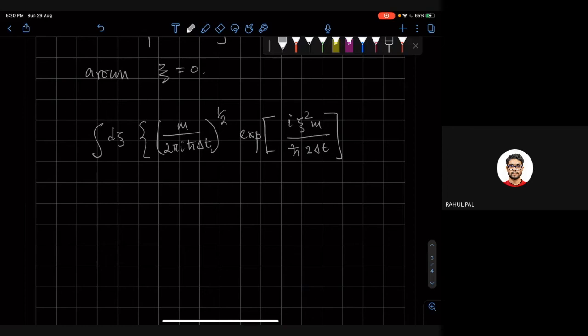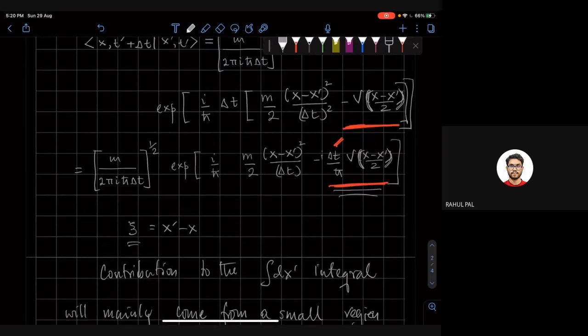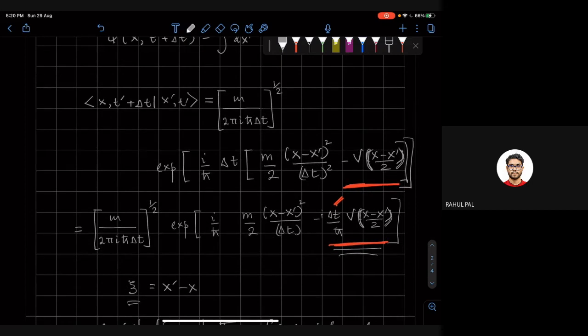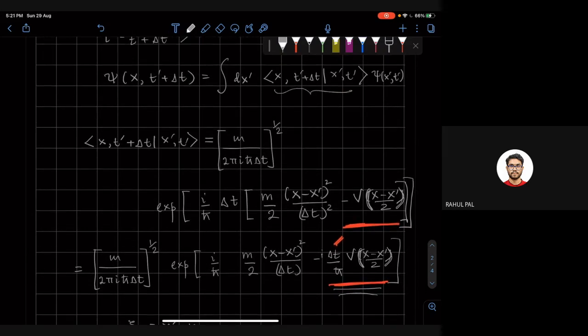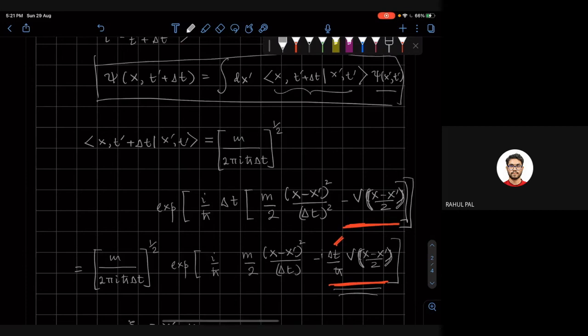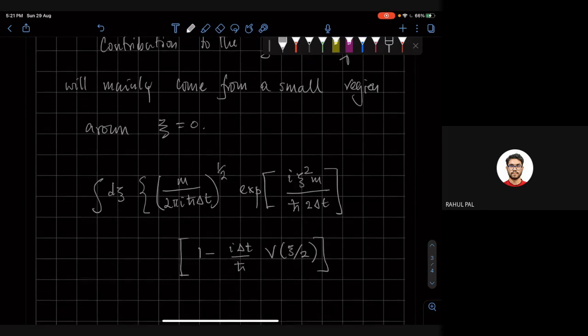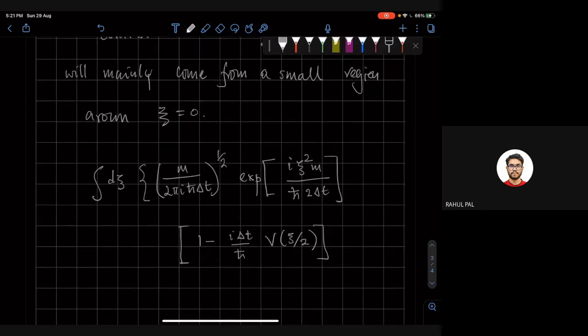If I expand in delta t, it's going to be 1 minus i delta t divided by h bar v of psi by 2. And then this thing is actually multiplying, so we are expanding this equation now, okay? So this will be multiplying this guy, right? So that guy we can also expand.